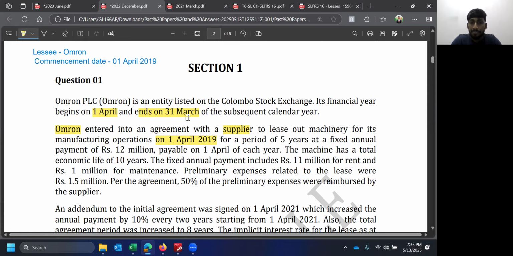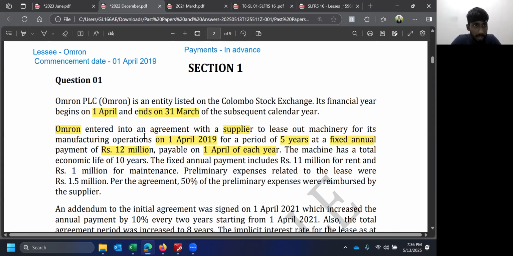For a period of 5 years at a fixed annual payment of 12 million, payable on 1st April of each year. So, payments in advance or in arrears? Advance. Exactly. Payments in advance.